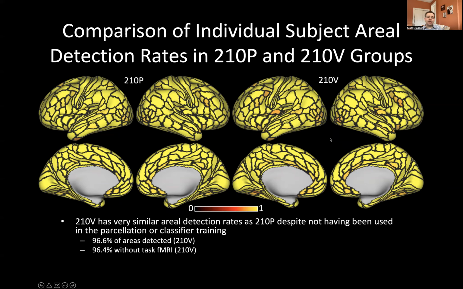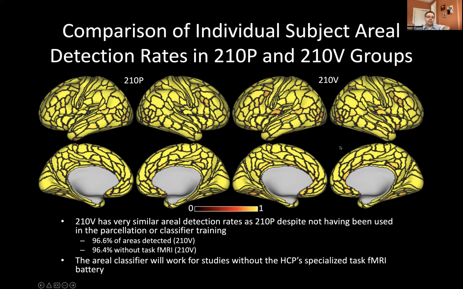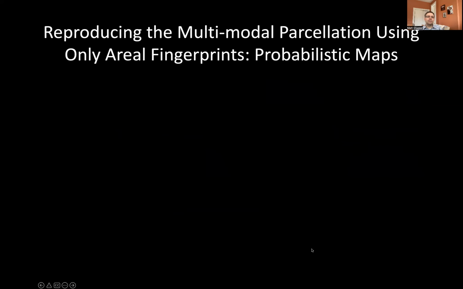If we leave out the task data, it works almost as well, 96.4%. So this means that the areal classifier will work for studies without the HCP specialized task fMRI battery, needing only T1, T2, field map and fMRI to use it. Note that's what I said at the outset.